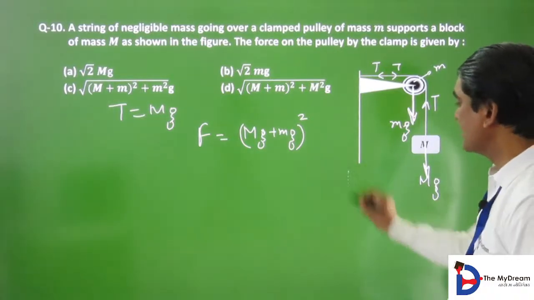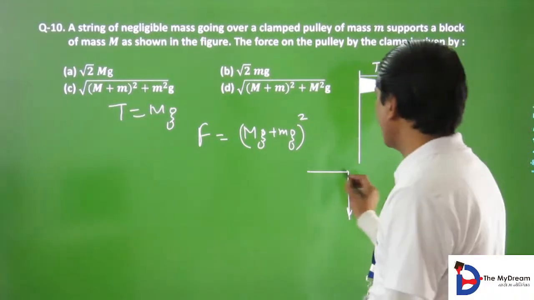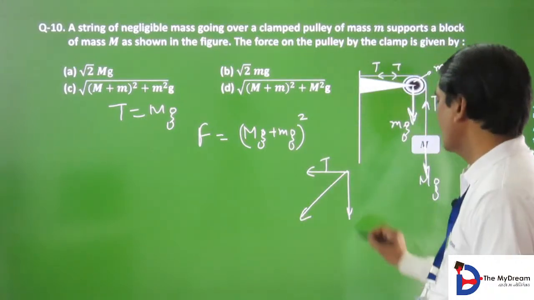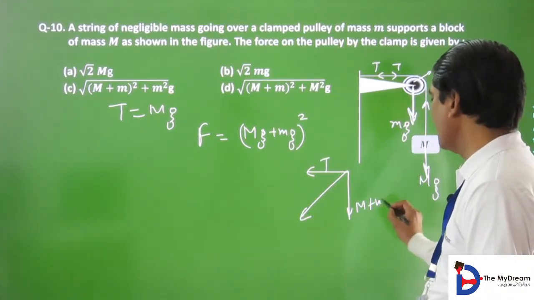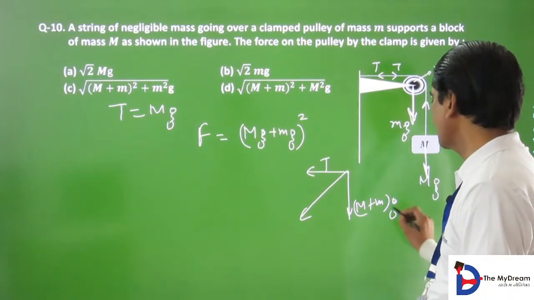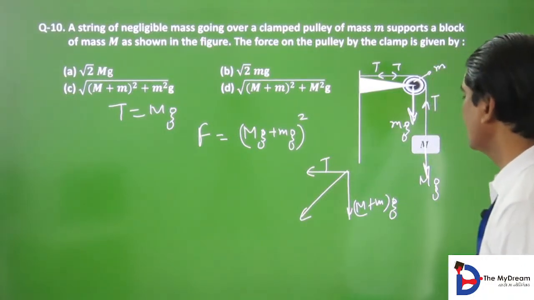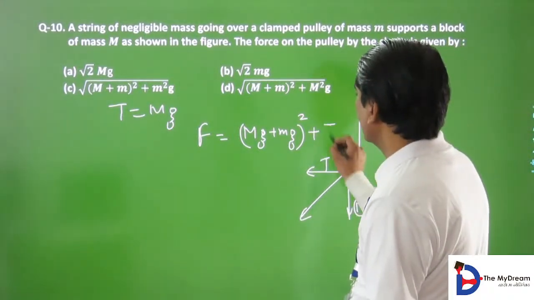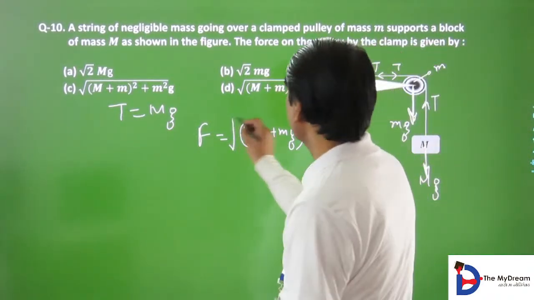Square of this plus square of this gives the force. That is m plus m into g plus T square. Make the square.